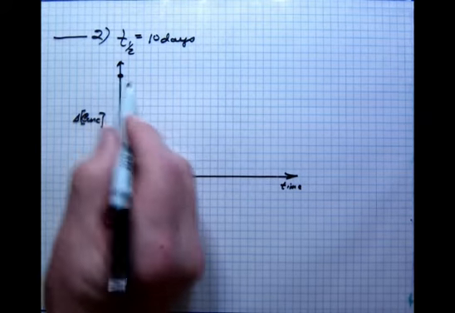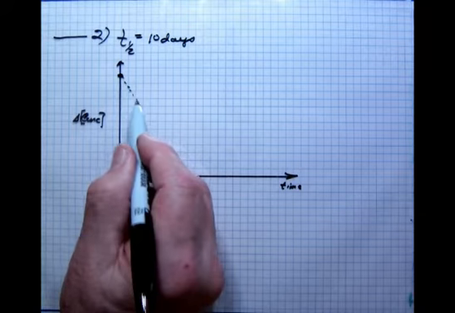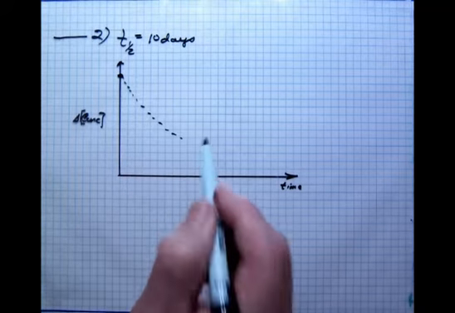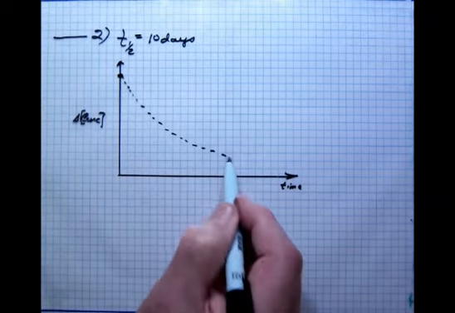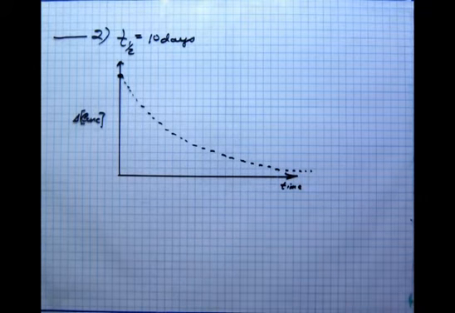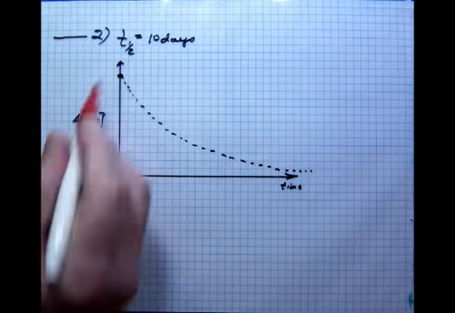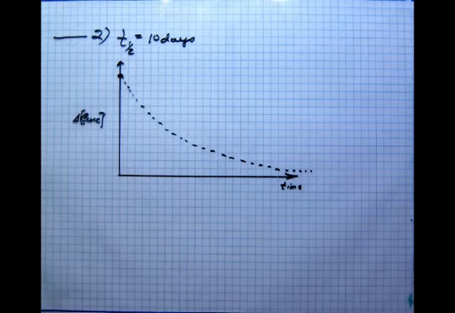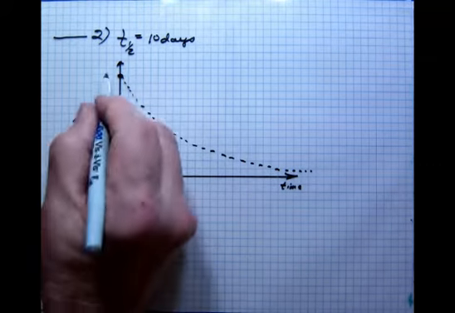And again, we're starting at 100% and following this trend. By definition, the half-life is the time it takes to cut this original concentration in half, and that would be the C sub O right here.